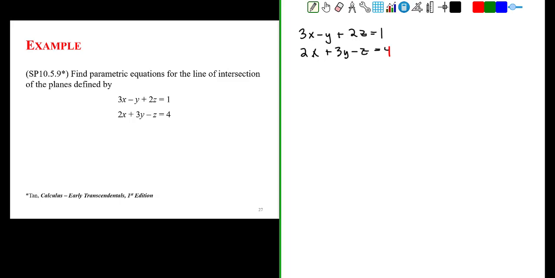Since we're given that these two planes intersect, we know that they are going to intersect along a line. Let's illustrate this qualitatively. Let's say this is one plane with a normal vector given by n1 vector. And let's say we have another plane off at some angle.